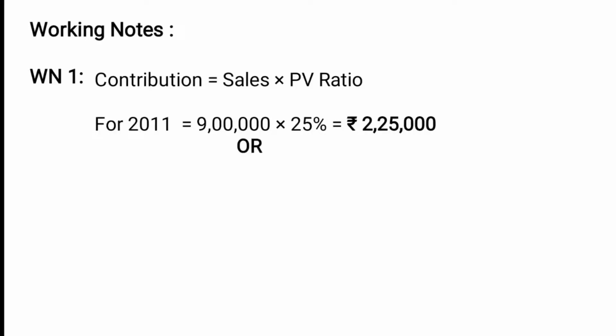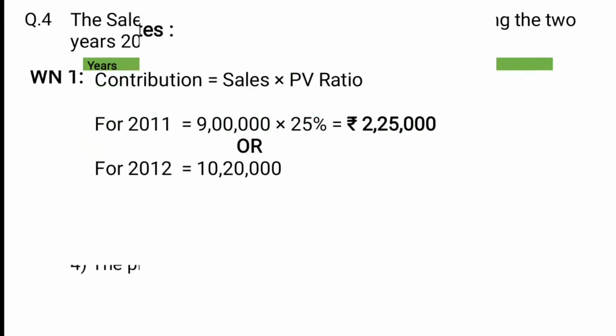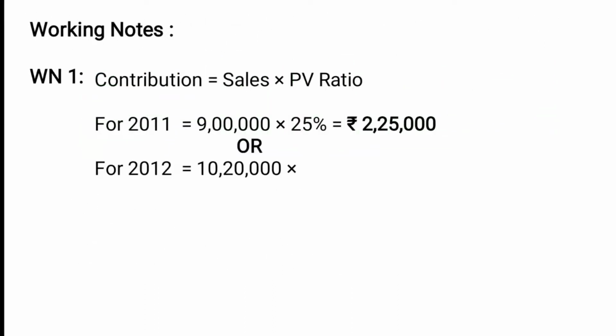Or for 2012, sales amount is rupees 10,20,000 into PV ratio, which is 25%, which will be equal to rupees 2,55,000.